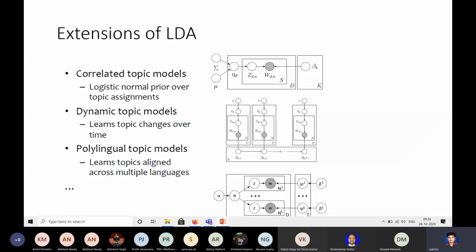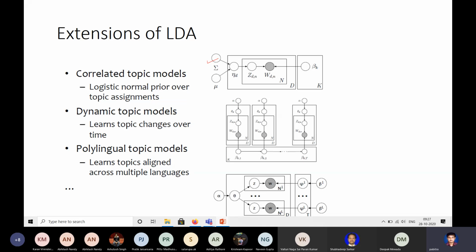There are many extensions to LDA. Basically, that plate model that we talked about can be extended. If we forget about these two parts, or maybe if you keep one part, then it is the standard LDA.